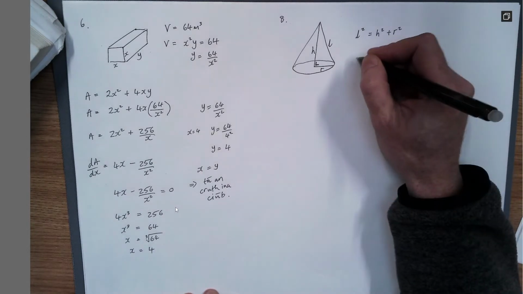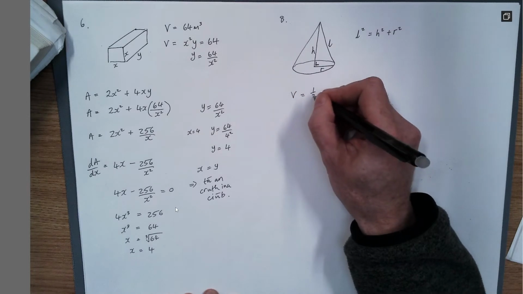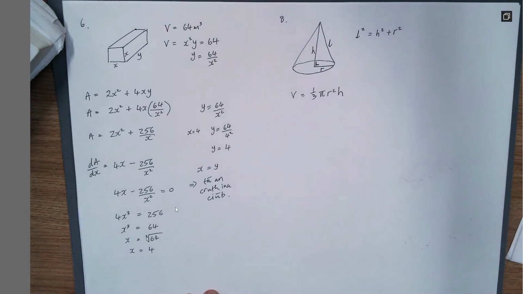Let's call the volume V, equal to one third pi R squared H. If the slant height is a minimum, the question is about a minimum or maximum. Is it area or volume?